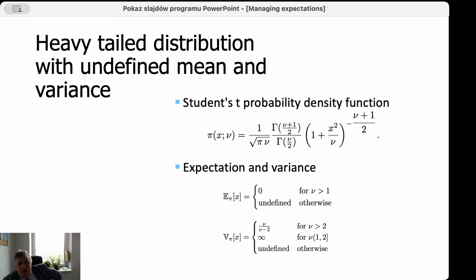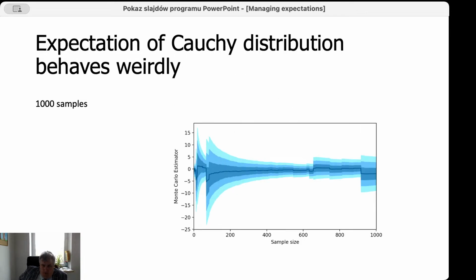If it's between 1 and 2, including 2, it's infinite. And if it's less than 1, the same as with the mean, it's undefined. The special case of degrees of freedom equal to 1 is called the Cauchy distribution.